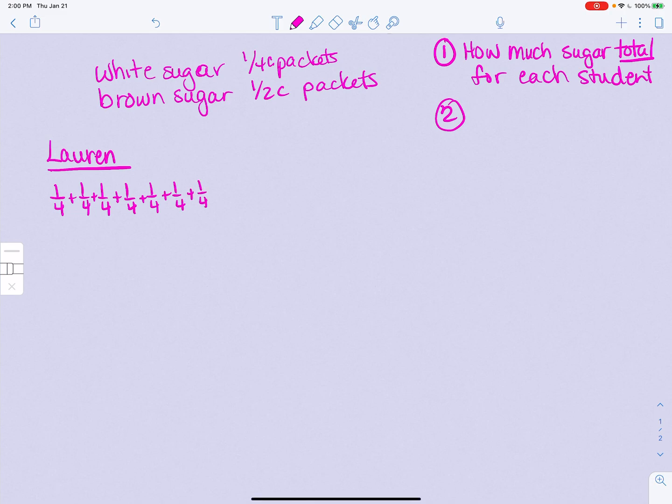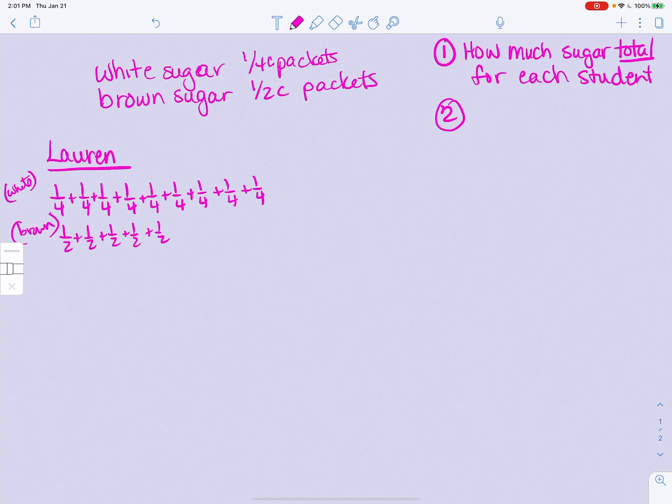Making sure I have 1, 2, 3, 4, 5, 6, 7. Oh my goodness. So those are her white sugar. That's my little note. And 5 packets of brown. So 1/2, 1/2, 1/2, 1/2, 1/2.